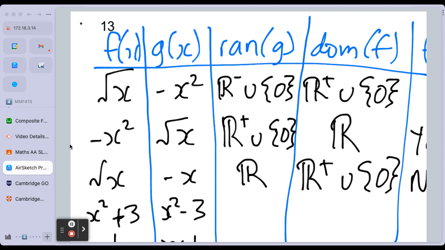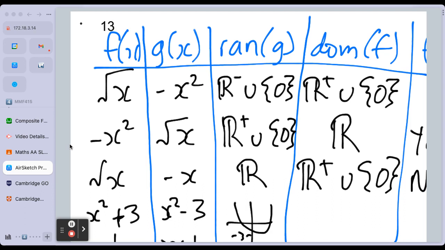Moving on. The range of x squared minus 3. Did I give you x squared plus 3? Yeah, I did. Sorry, got myself confused there. The range of x squared minus 3. If you think about the graph, it's going to be like this, and that's minus 3.